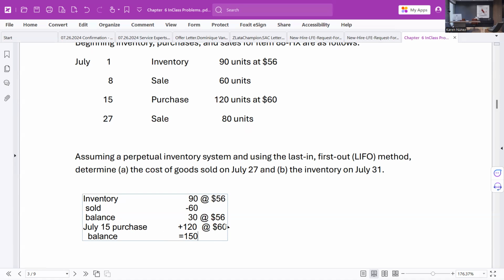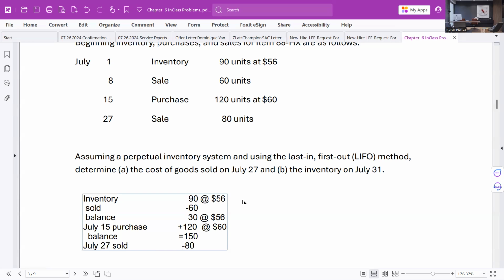That's what we have. And what we want to know in A is the cost of the 80 units that are sold on July 27th. So now it's July 27th, and we sold 80 units. What cost are we going to assign to those 80 units?